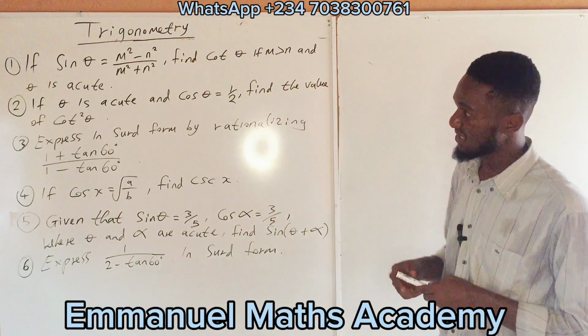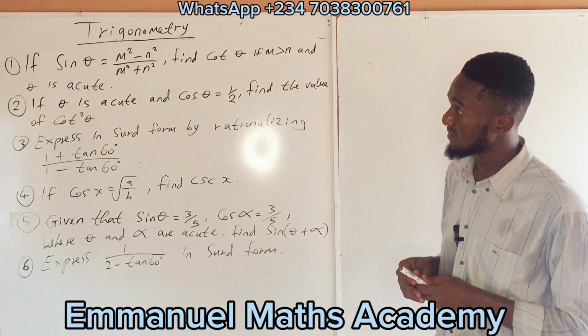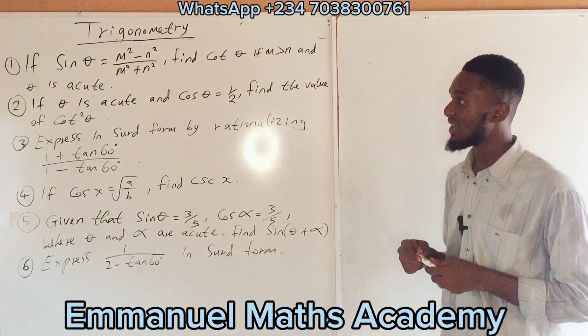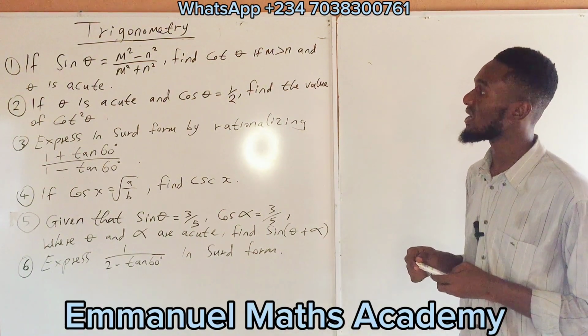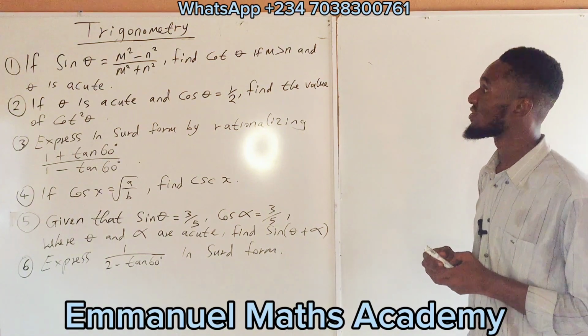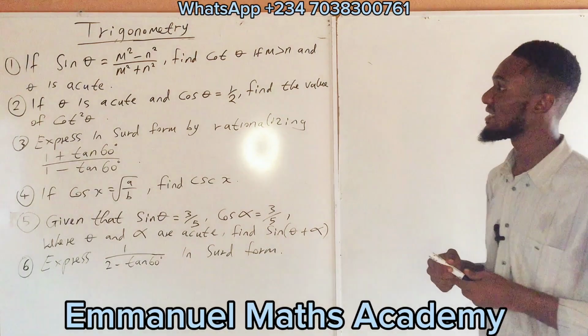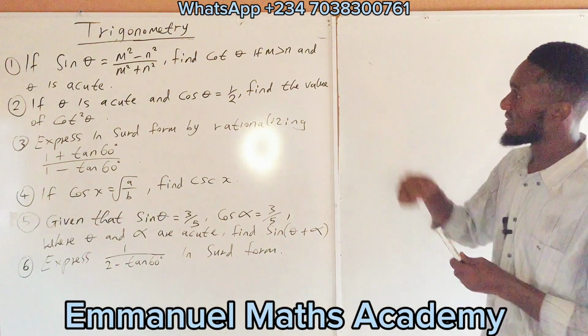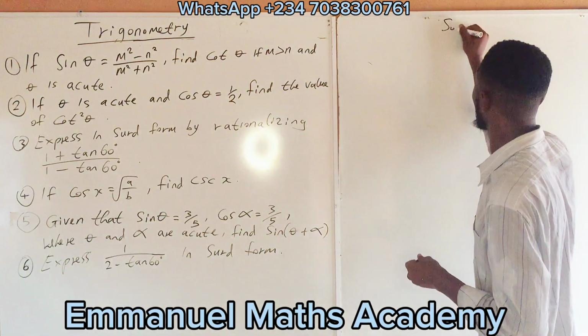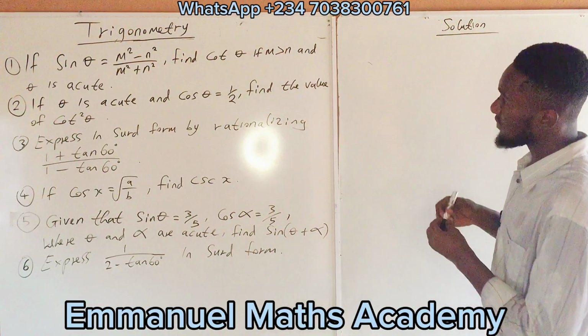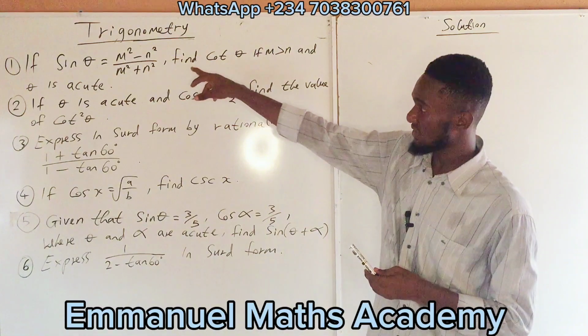So the first question says, if sine theta is equal to m square minus n square over m square plus n square, find cos theta, if m is greater than n and theta is acute, right? Now from this solution, you are given that sine theta is equal to this.